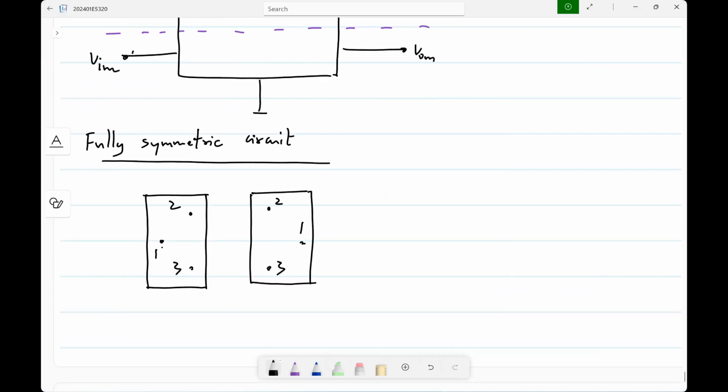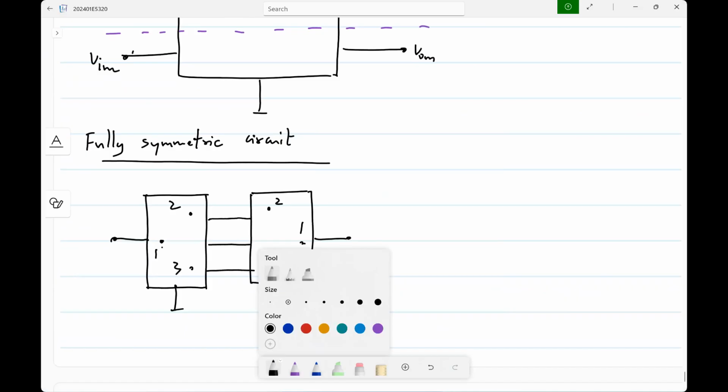Now, even if the circuit doesn't apparently look like this, if there is some common stuff, you can always split them into two parts. If you have a resistor, you can just split them into two resistances of double the value in parallel and so on, and assign it to each. And there can be connections between them, and there can be connections to ground from both sides. They are also symmetric. Okay.